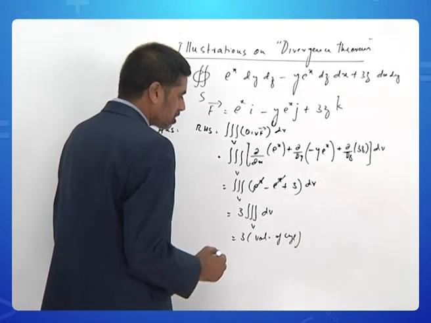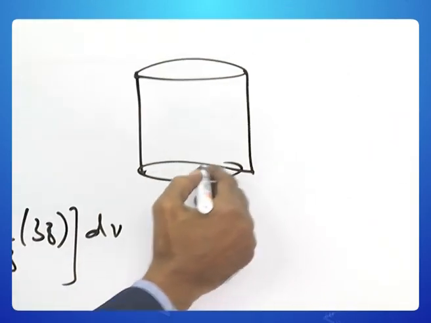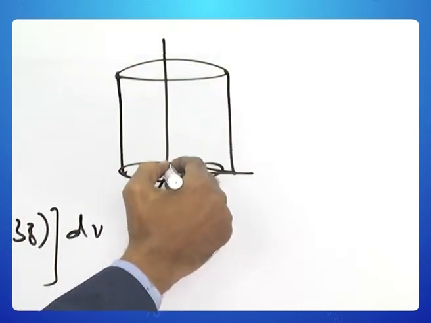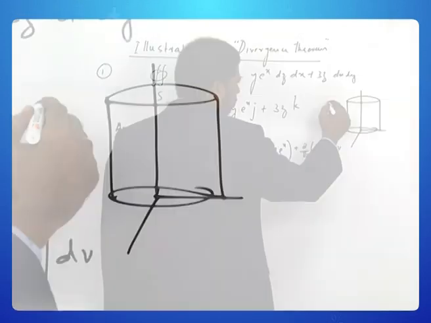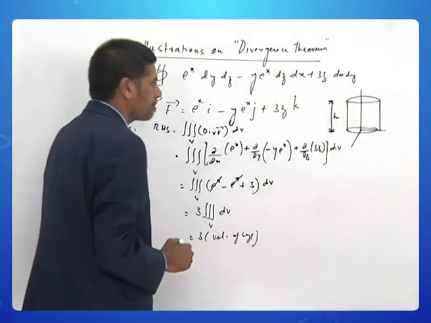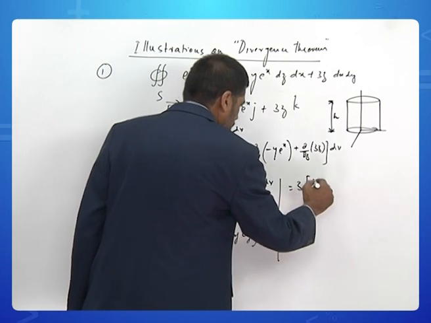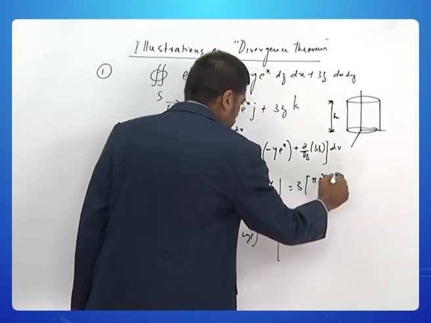Now what we are given is a cylinder with height h, and this will be 3 times pi r squared h.